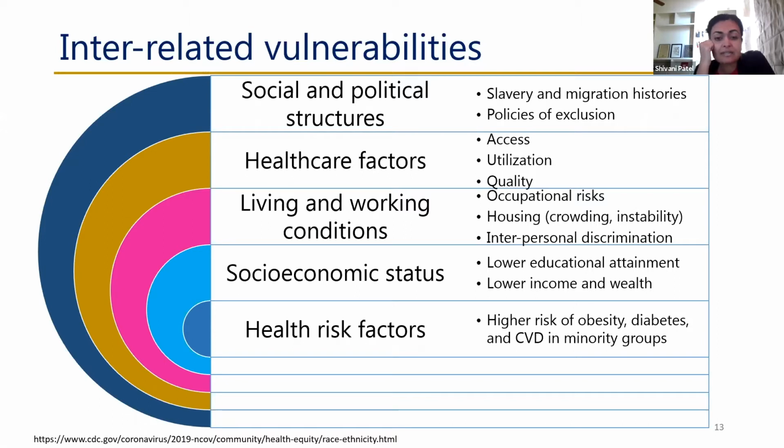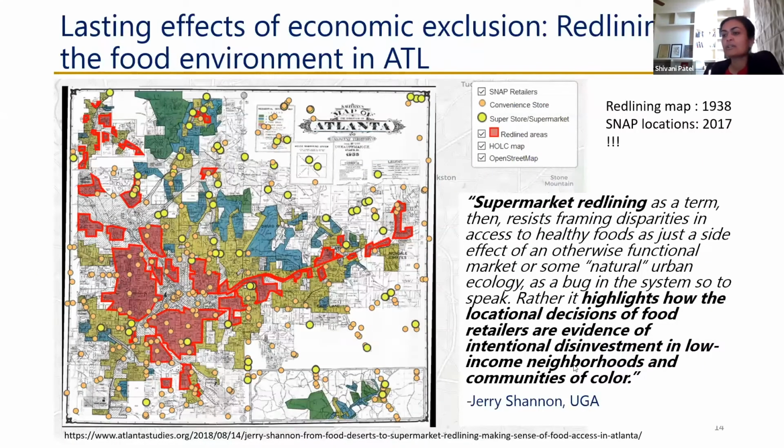Socioeconomic status, including educational attainment and income and wealth, and these tend to both be lower in most racial and ethnic minority groups in the United States, with the exception of Asians, at least in comparison with white Americans. And then finally, health risk factors: the higher risk of obesity, diabetes, and cardiovascular diseases in minority groups. And as you know, these are also risk factors for poor outcomes. So I'm going to give a very quick example of each one of these.